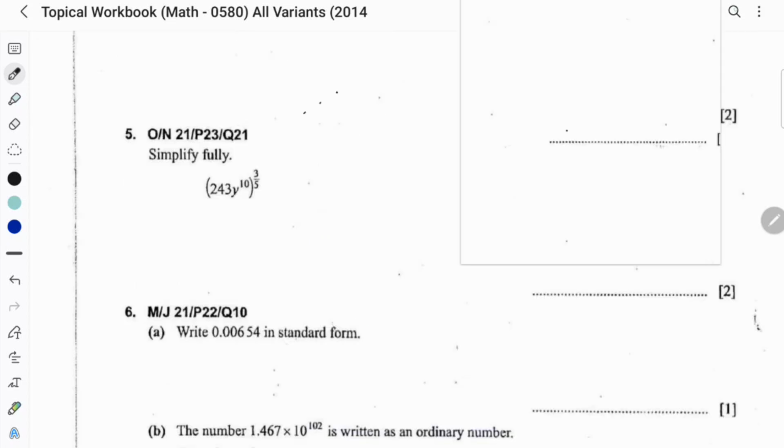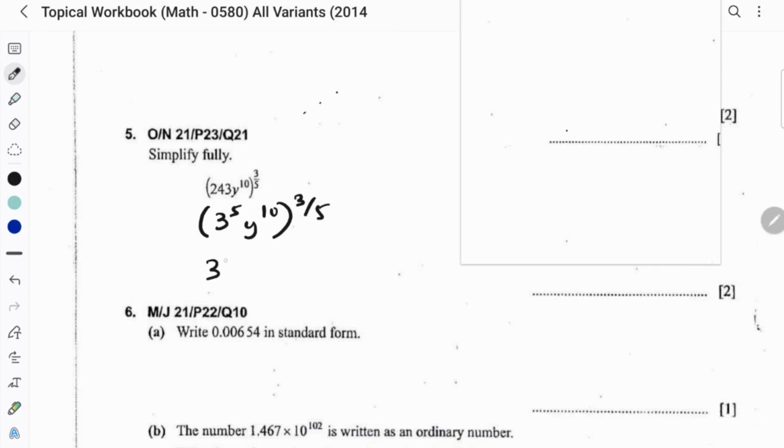Okay. Now the next question is simplify fully. It means if a number is there, any coefficient, then you'll have to write down its exact value. So 243, we knew that it is 3 to the power 5, as we discussed above (3 to the power 4 was 81), and y to the power 10 and 3 upon 5.